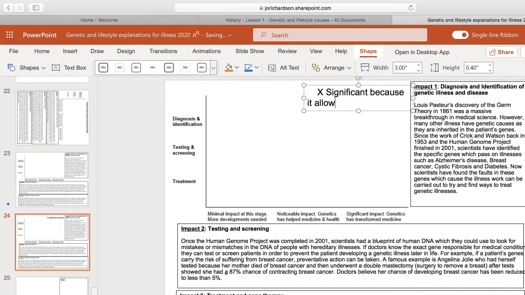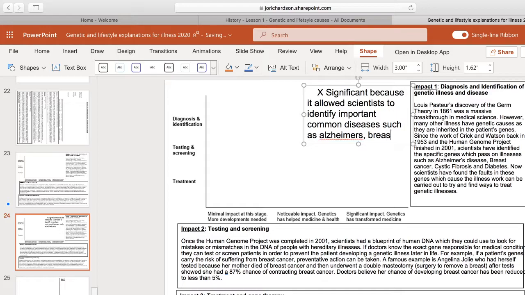It allowed scientists to identify important common diseases such as Alzheimer's, breast cancer, diabetes, and cystic fibrosis.